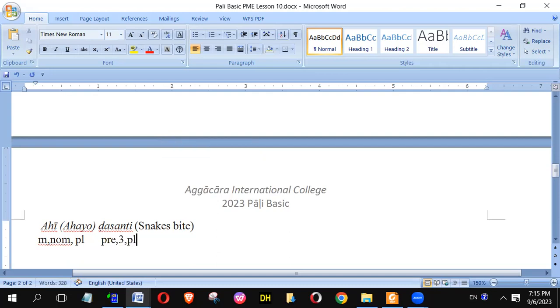Okay, now let's say we are going to change this one to past tense, okay. This is a present tense. Now we want to change it to past tense. Remember what is past tense for this? Past tense finishes with imsu.